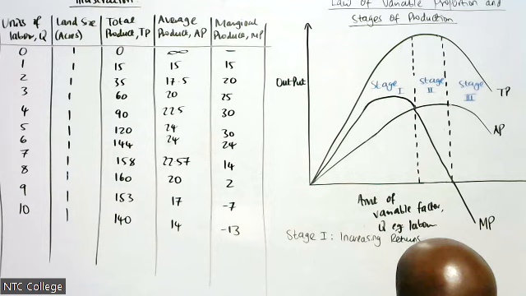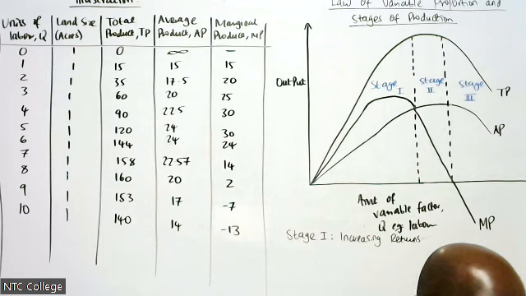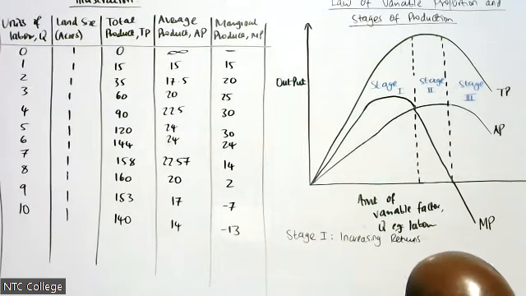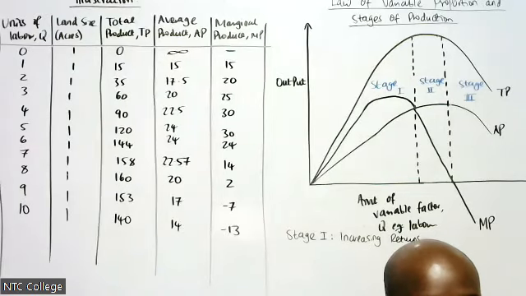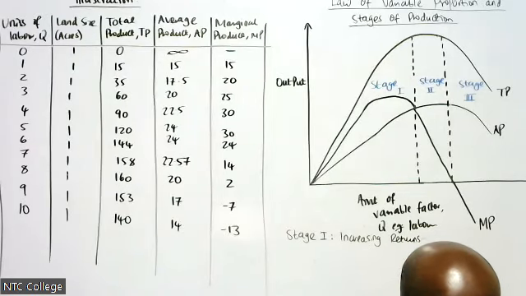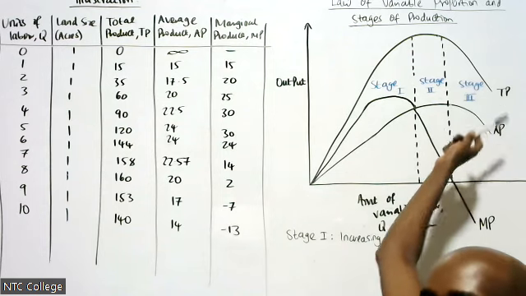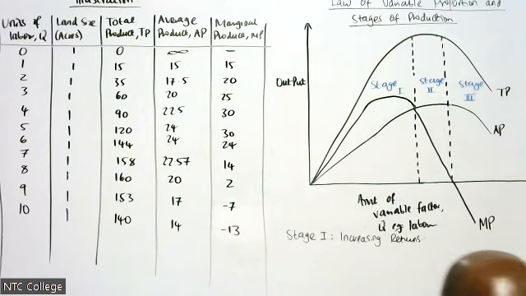So you're going to say that as the units of the variable factor, e.g. labor, are increased on a fixed factor, TP, AP, and MP will be generally increasing.